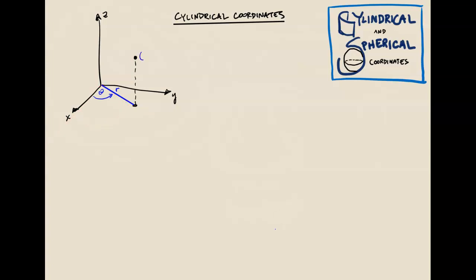Those polar coordinates of that projected point are the first two cylindrical coordinates of the point we are actually interested in. And all the third coordinate does is give us the distance that our point lies above or below the xy plane. That distance, not too surprisingly, we'll call z, so that is our third cylindrical coordinate. Pretty straightforward. Cylindrical coordinates are therefore just polar coordinates with a third coordinate that gives us height.